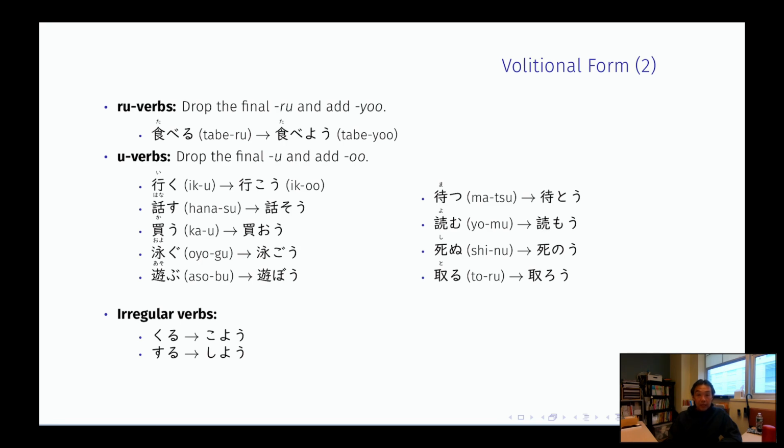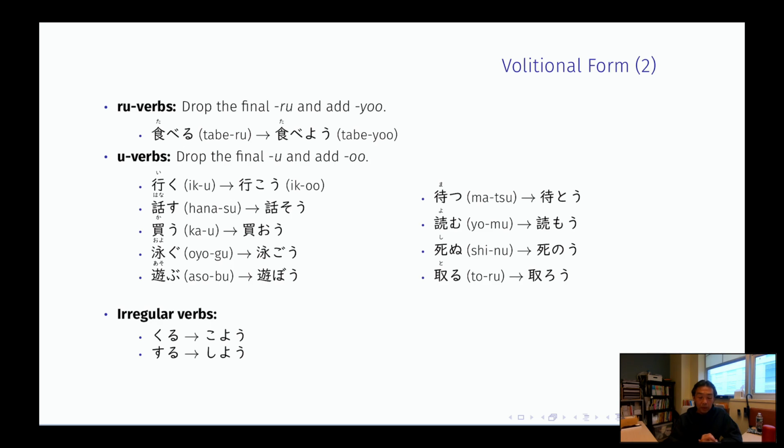Okay, so since this is a conjugation, we have to think about the three different verb types, which are ru verbs, u verbs, and irregular verbs. And a ru verb is always easy. The rule for ru verbs is to change ru to yo. So 食べる, you change the last ru to yo.